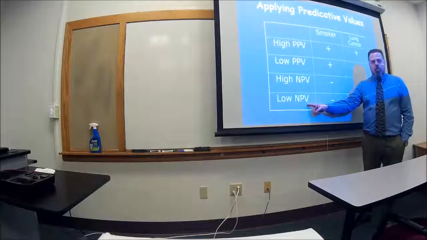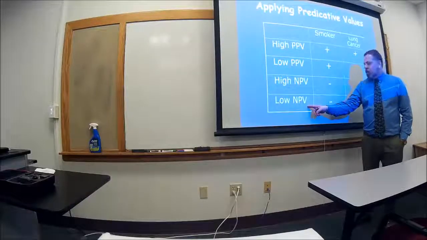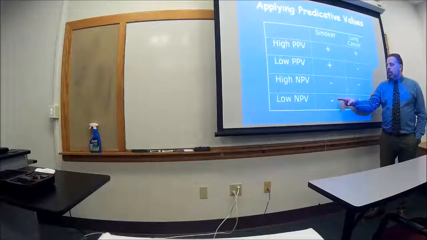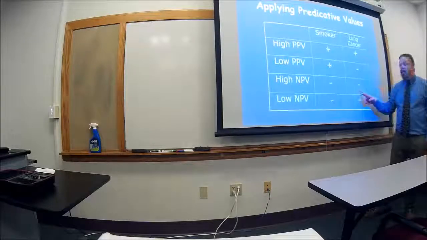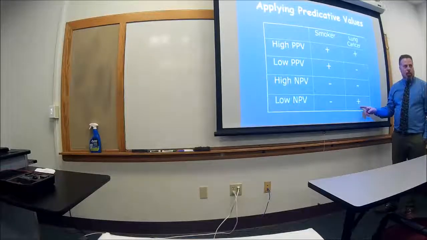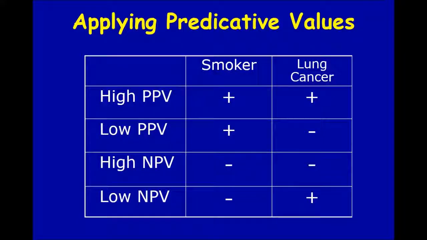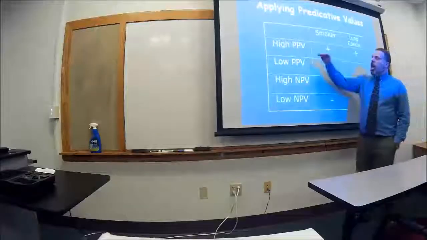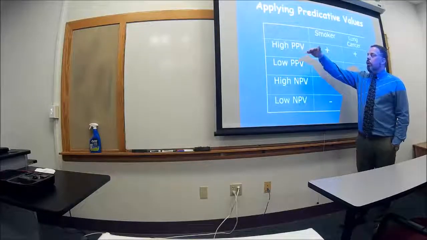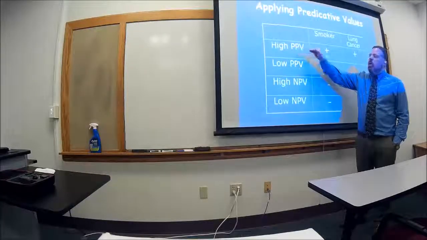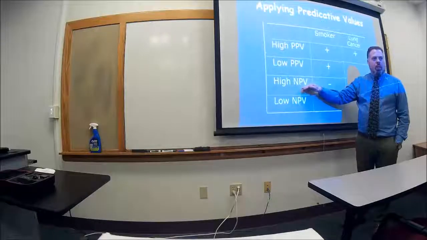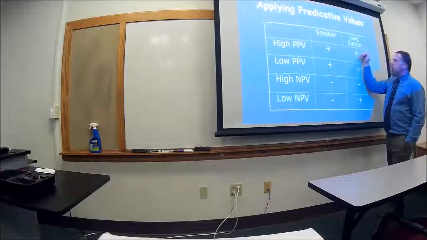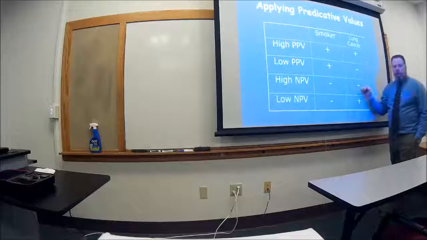But a low negative predictive value is stating that he doesn't smoke, but he does get lung cancer. It doesn't correlate. See that? So you want something with a high positive predictive value, yet a high negative predictive value. People who smoke will get the lung cancer. People who don't smoke won't get the lung cancer.